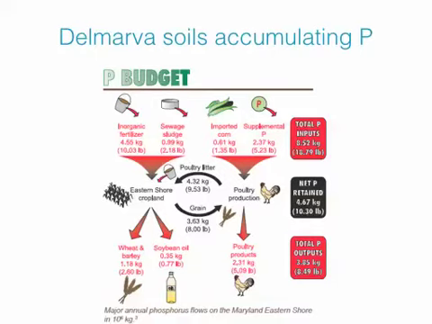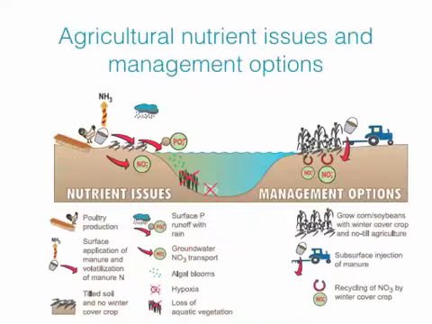So there's a buildup of phosphorus, and since phosphorus doesn't have a volatile pathway like denitrification removing nitrogen, doesn't have that equivalent biogeochemical pathway, we build up phosphorus, and they estimate about 20 years worth of phosphorus on the soils. So the agricultural nutrient issues and management options are really different depending on the type of nutrient, nitrogen versus phosphorus.